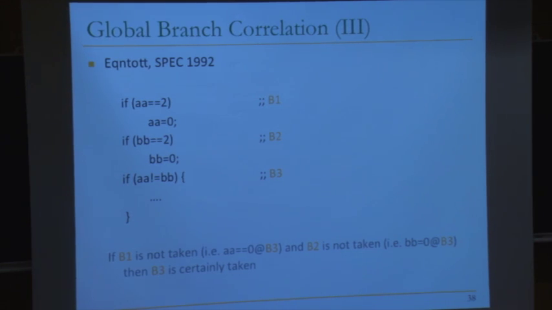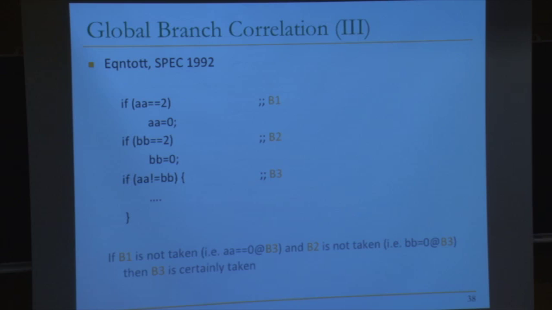BB is tested for 2, and BB is set to 0 if that's the case. And then there's another branch that tests if AA is equal to BB. Right? So now if you look at this, if B1 is not taken, and B2 is not taken, then B3 is certainly taken, right?